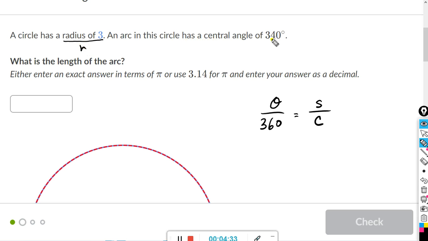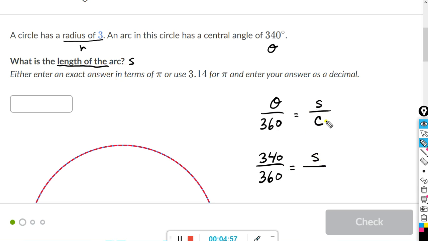It says the central angle is 340, and they want to know the length of the arc. That's S. So in place of the central angle, we'll enter 340. We have 360 in the denominator. We are solving for the arc length S.